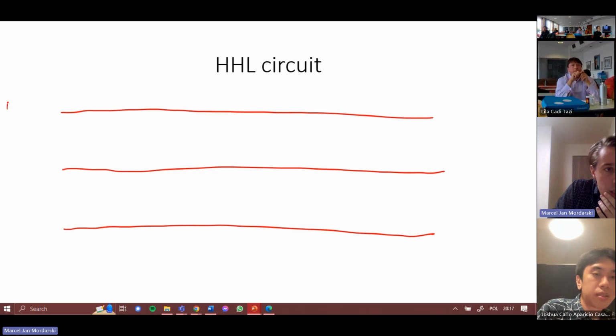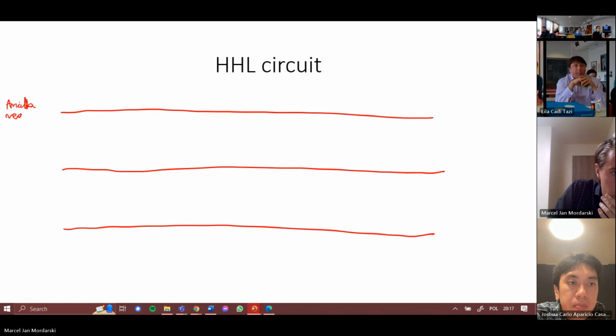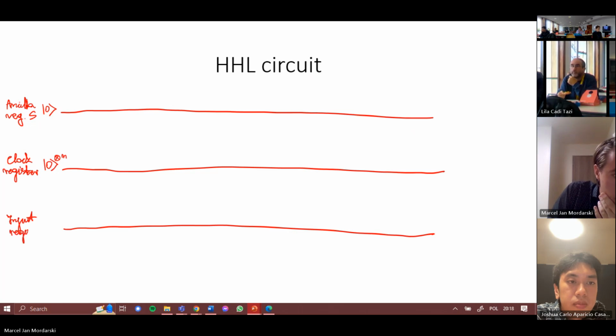We've got the ancilla register that we initialize in 0. We've got the clock register. I hope it's legible. Cool. And this is some tensor product of n ground states and also the input state.